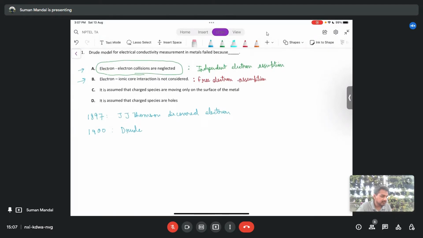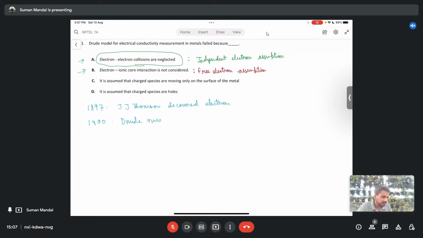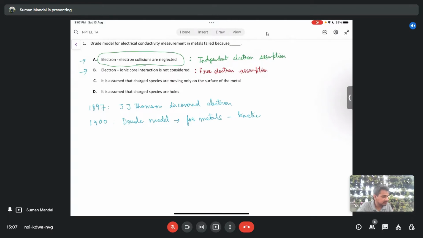So he gave this model for metals, and he applied the kinetic theory of gases to metals.